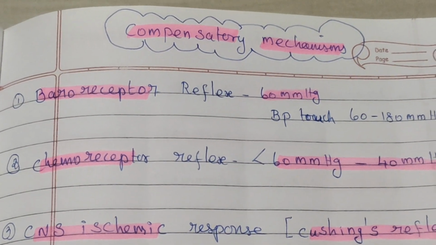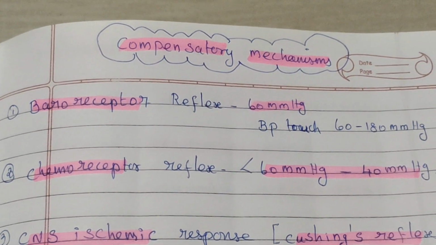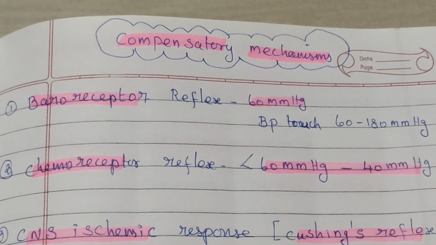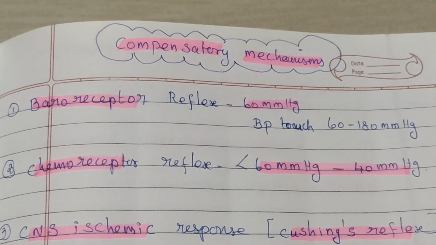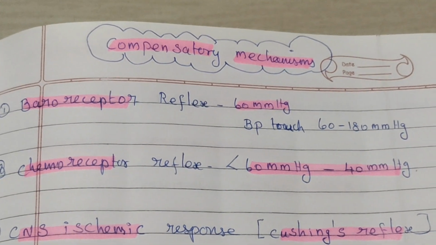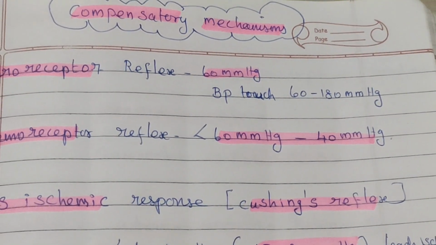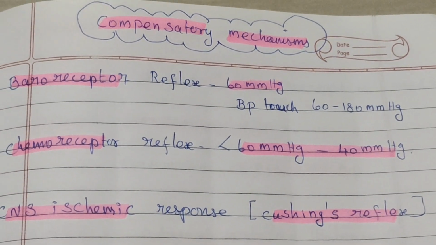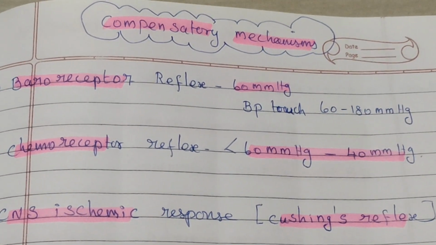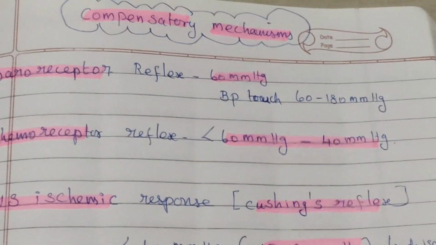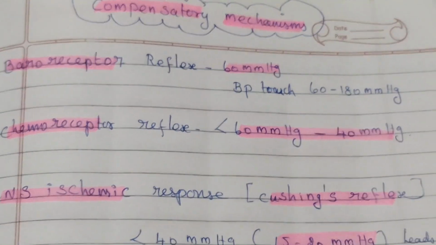Next is compensatory mechanisms. First and foremost is the baroreceptor reflex. The baroreceptor reflex operates between 60 to 180 mm mercury.